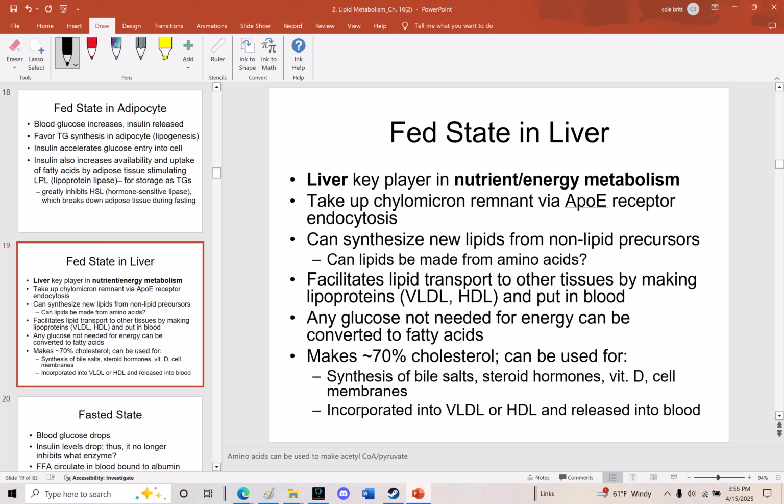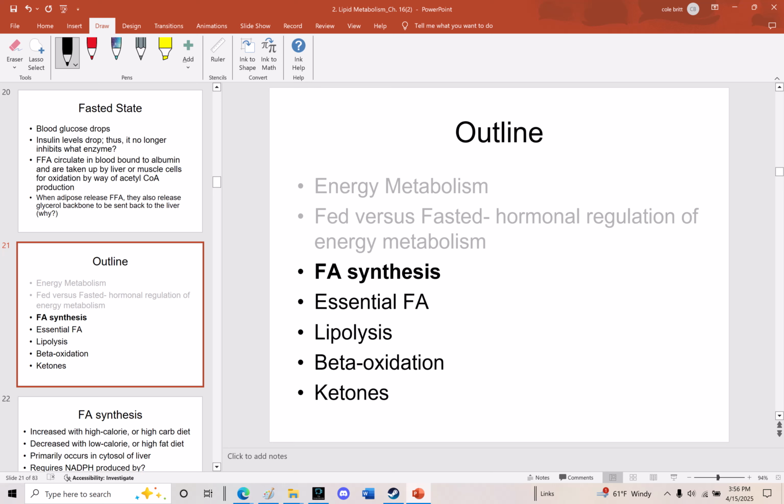All right. So we've talked about energy metabolism. We talked about fed versus fasted states, and I gave you a general idea of what's happening during them. Now we're going to focus on fatty acid synthesis. So what hormone is dominating when fatty acids will be synthesized? Glucagon or insulin? Insulin. So insulin is going to be dominating, and we're going to focus on this, and we'll talk about these guys next.